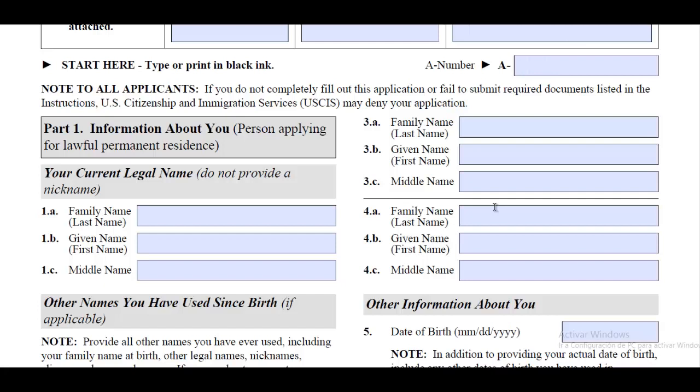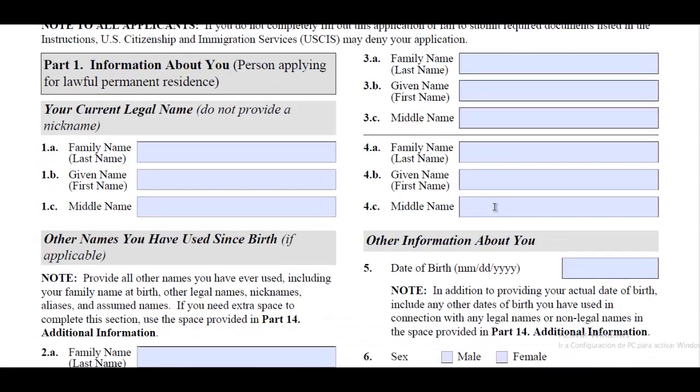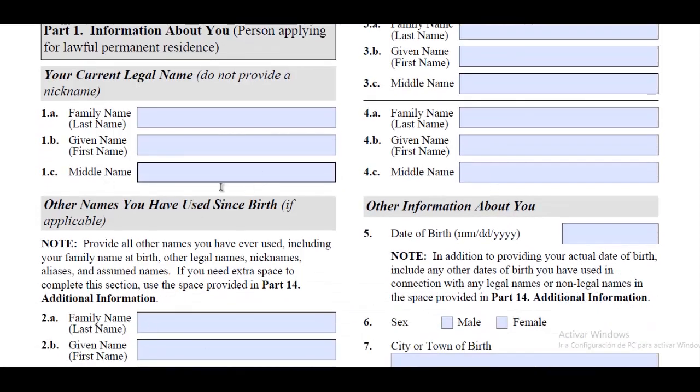For your current legal name, use the name that appears on your passport, unless it has changed since you got the passport. Also supply any other names that might appear on any of your paperwork. Like I said before, if you don't have a middle name, you will write N/A. You will not leave anything blank.